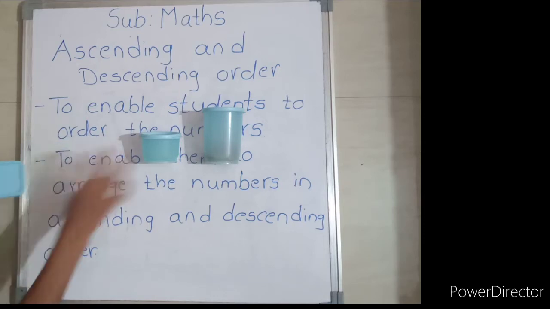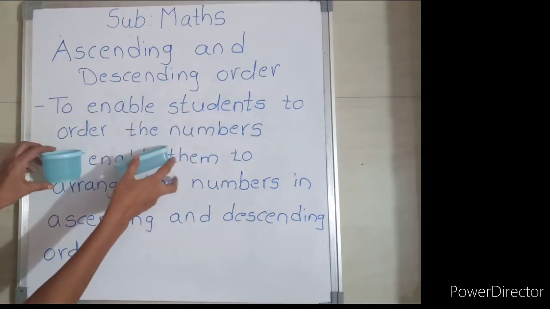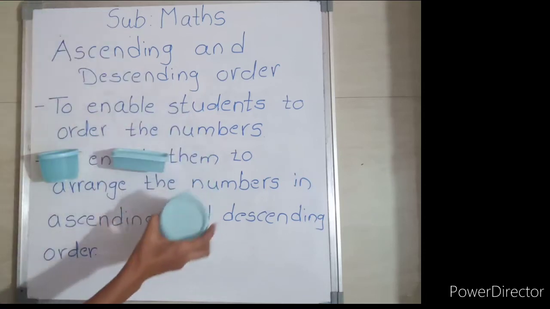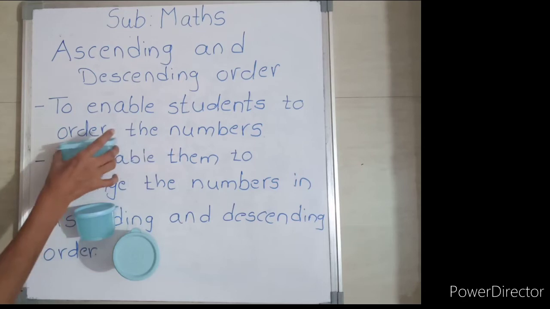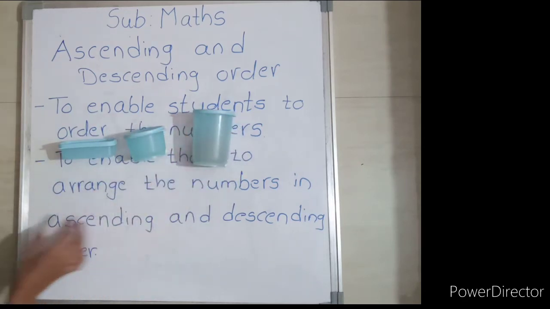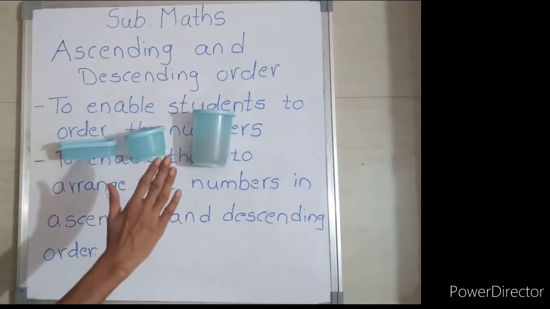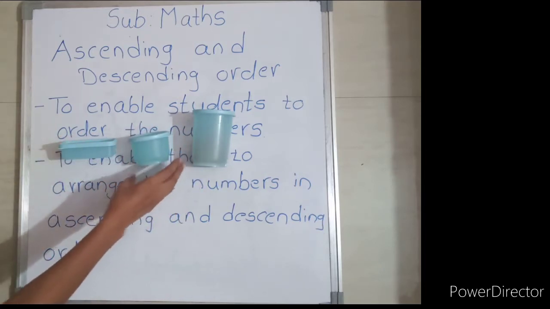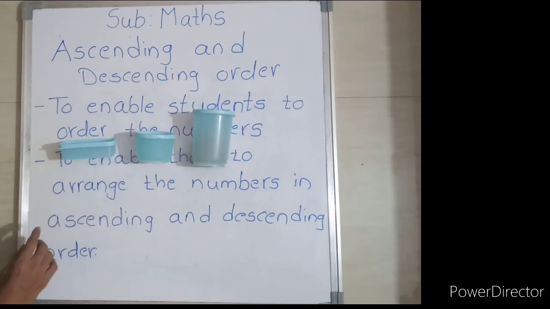So first we will see what is meant by ascending order, and then we will see what is meant by descending order. Ascending means smaller to bigger or smaller to larger.